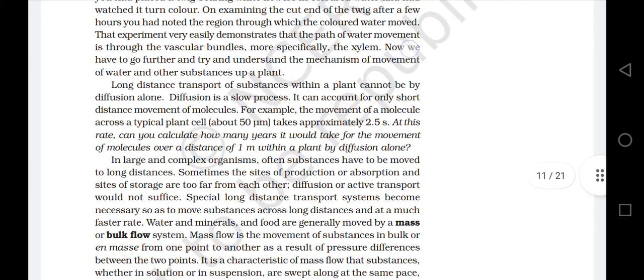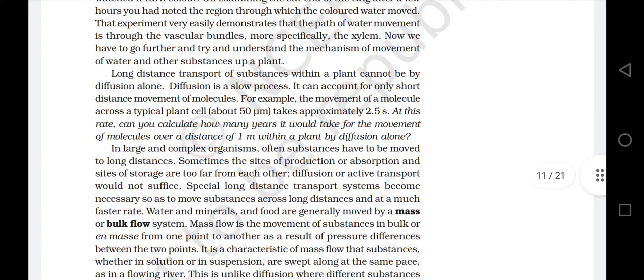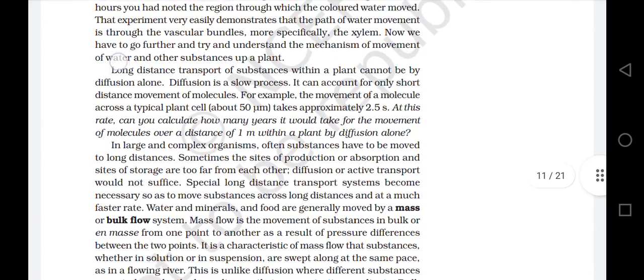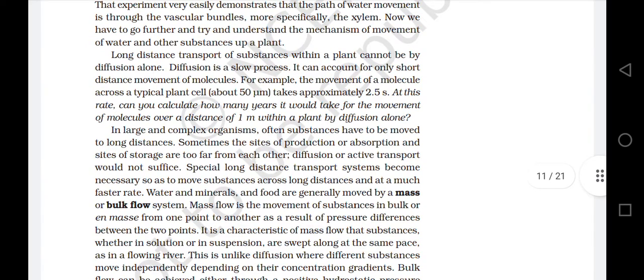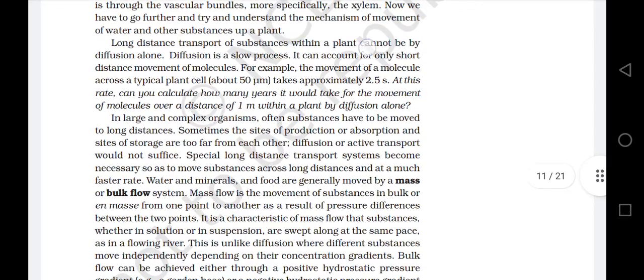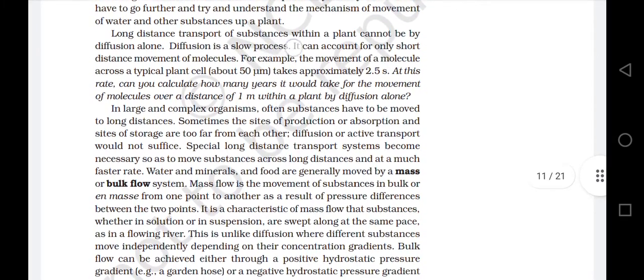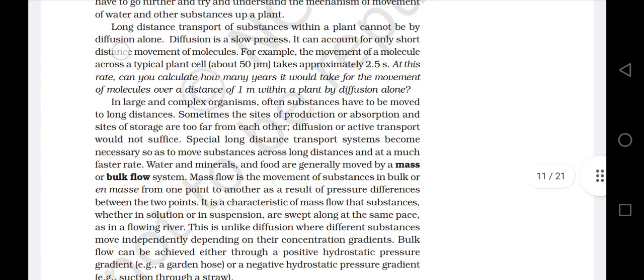Now we have to go further and try and understand the mechanism of movement of water and other substances up a plant. Long distance transport of substances within a plant cannot be by diffusion alone. Diffusion is a slow process. It can account for only short distance movement of molecules.